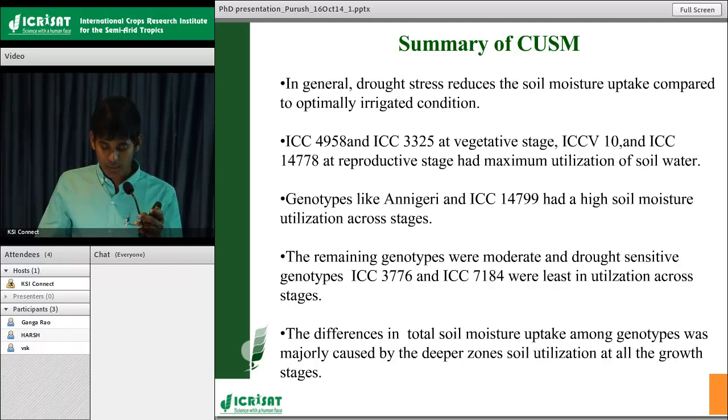But similarly, we have seen the root growth of 3776 and 7188. They were very poor in root growth as well as soil water utilization.